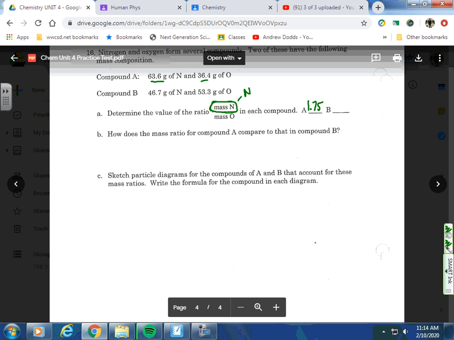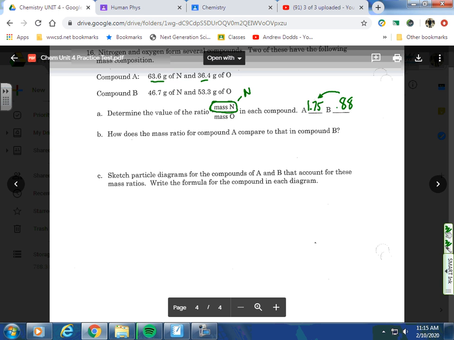In B, I'm going to have 46.7 divided by 53.3, and I get 0.88. Okay, so when we do these multiple proportions problems that have the two compounds with mass ratios, what you want to always do is take the larger one and divide it by the smaller one so that I can see how much bigger one is than the other.